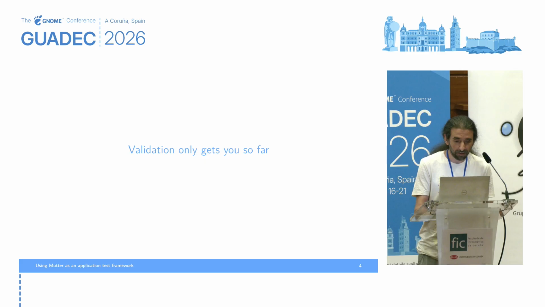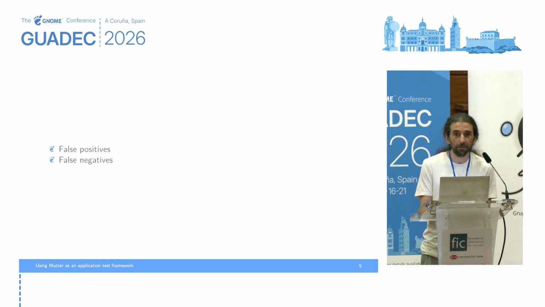But validation only gets you so far. There is a fair amount of false positives and also false negatives, like things that static analysis will miss that are actually bugs, or things that static analysis will tell you are buggy, but really are not.